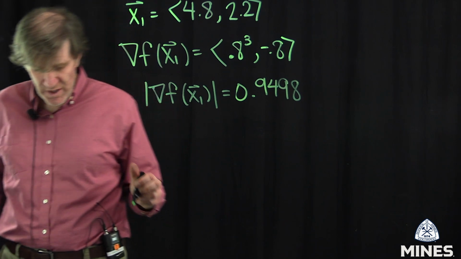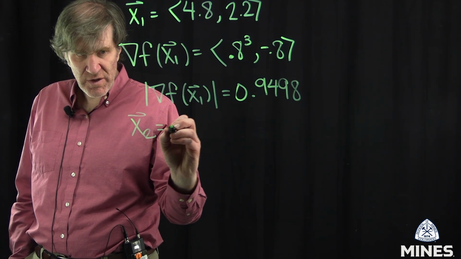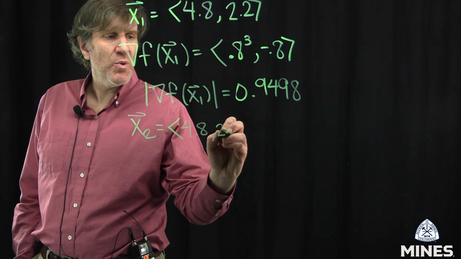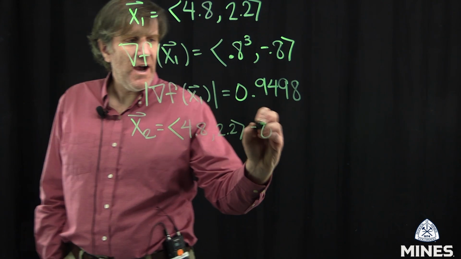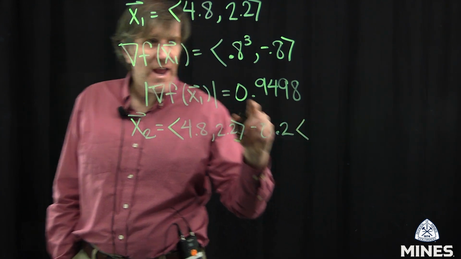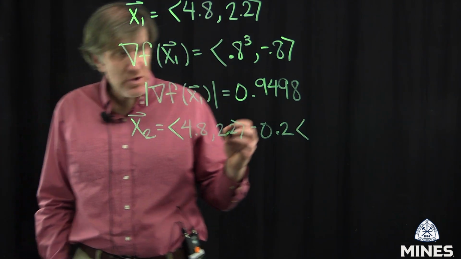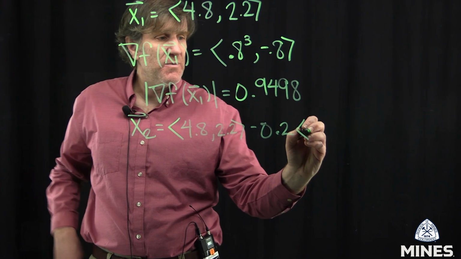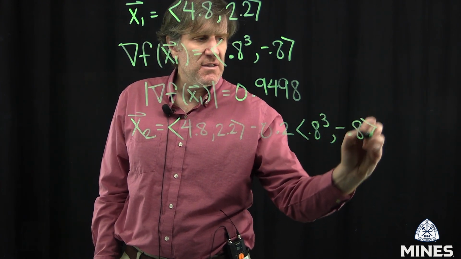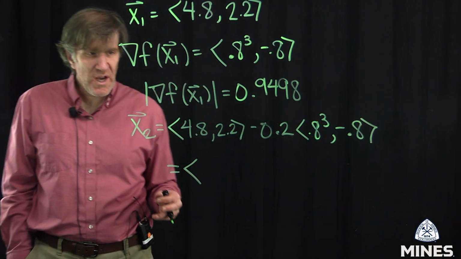We do another step of gradient descent. So the next step is our x2 vector is going to be our x1, 4.8, 2.2, minus alpha, 0.2, times the gradient at 4.8, 2.2. And we've got that gradient right here. So that's 0.8 cubed, minus 0.8. This is just punching numbers into a calculator here.